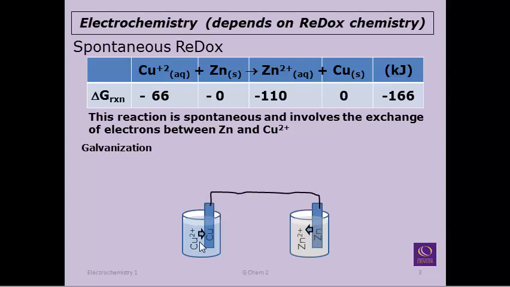I'm just going to give you 3 applications so you see why we study this. The first concept is galvanization. Spontaneously, given these conditions, zinc is going to go to zinc 2 plus, while copper, instead of going to 2 plus, is going to go back to pure copper.